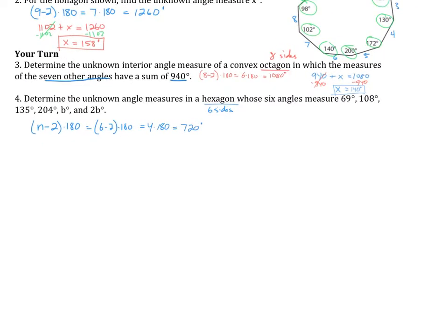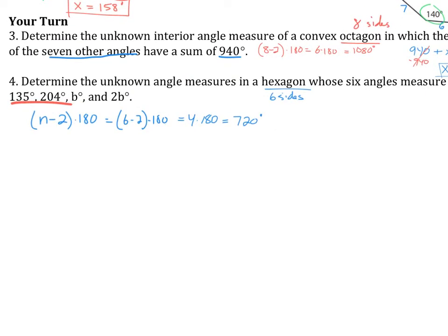So what I would start doing is adding up all of the just number ones. So 69 plus 108 plus 135 plus 204 equals 516, plus B plus 2B has to equal that 720.